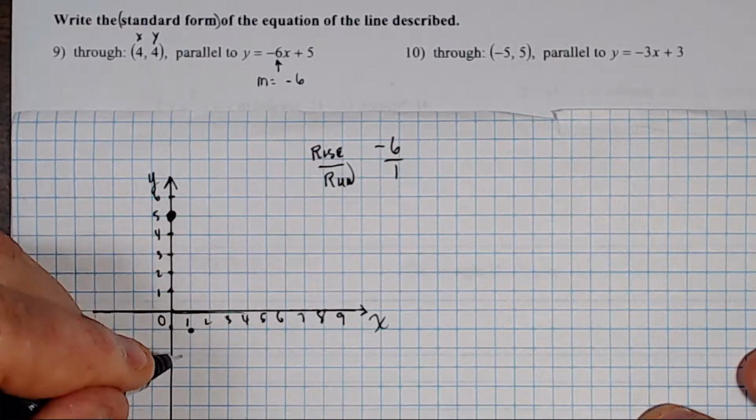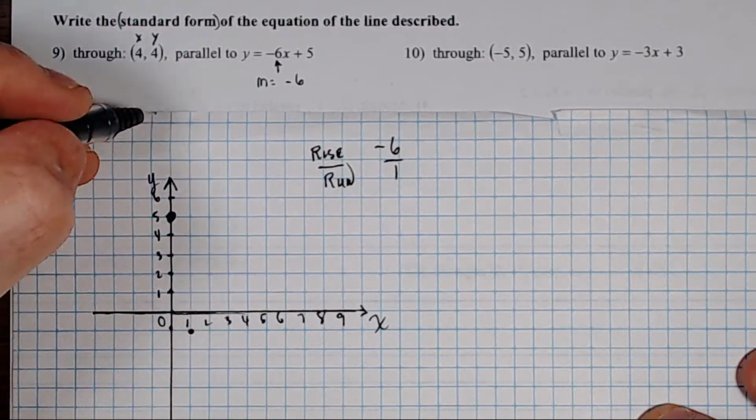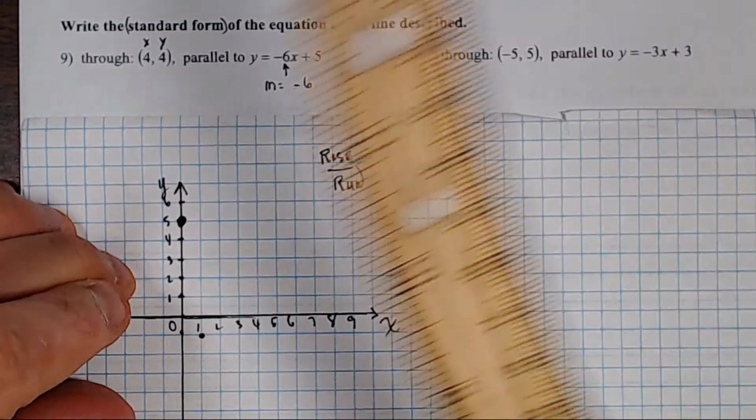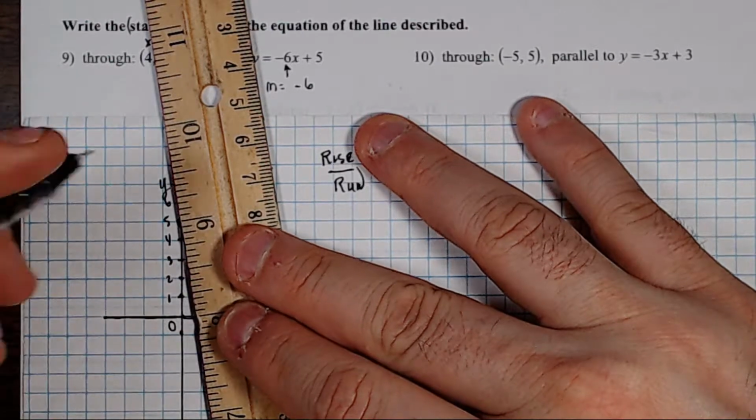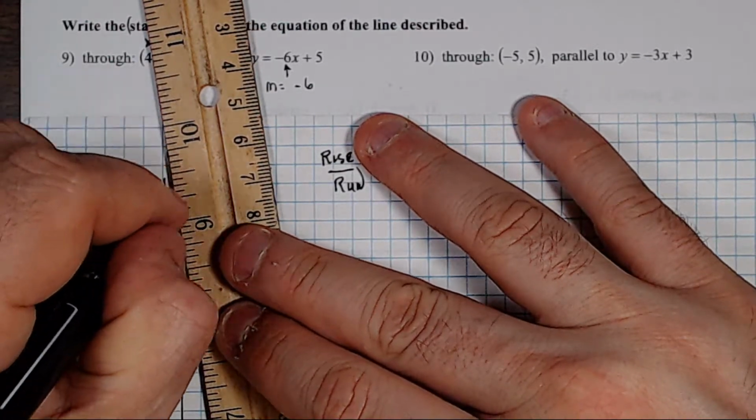Y'all do another one. Plot another point, then use your straight edge to draw a straight line passing through those points that you plotted. It should look something like this.